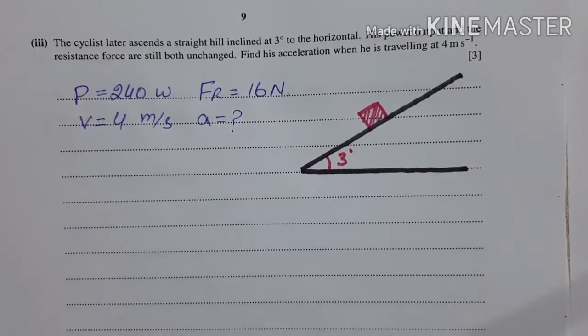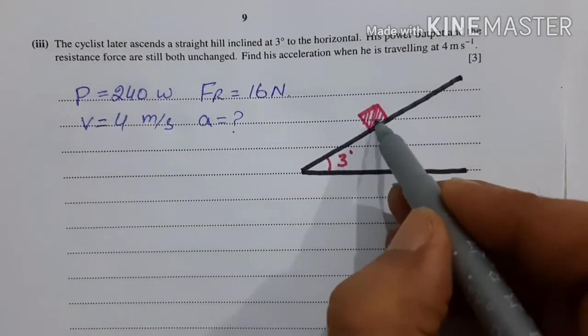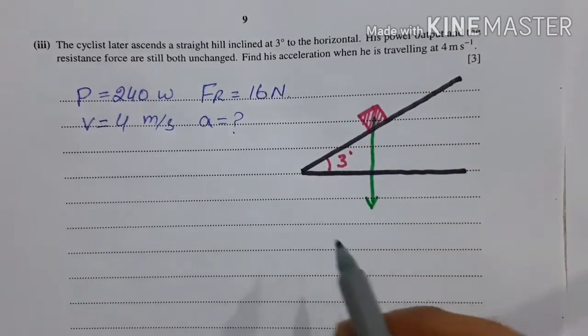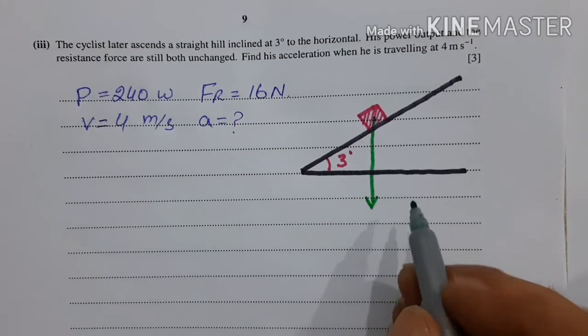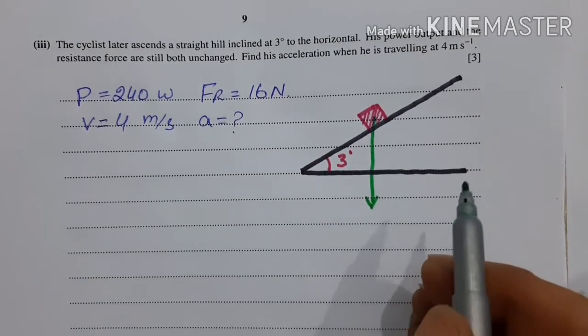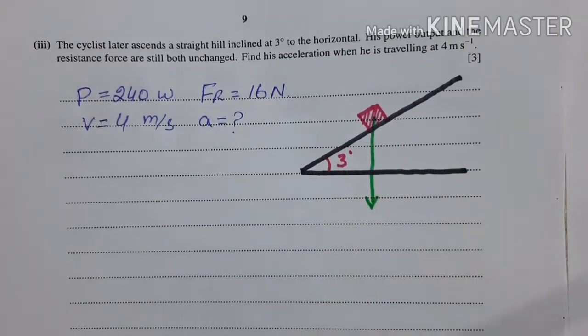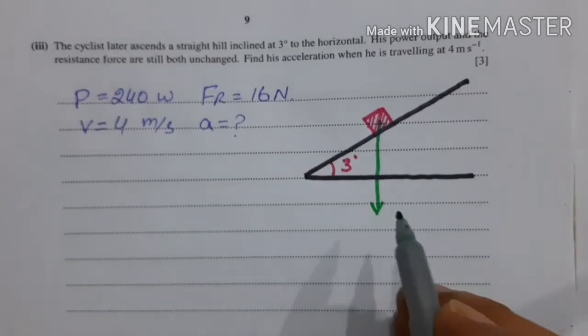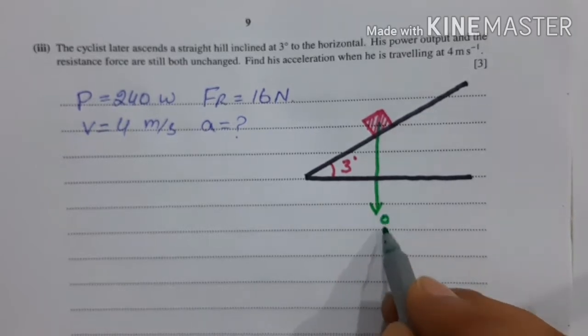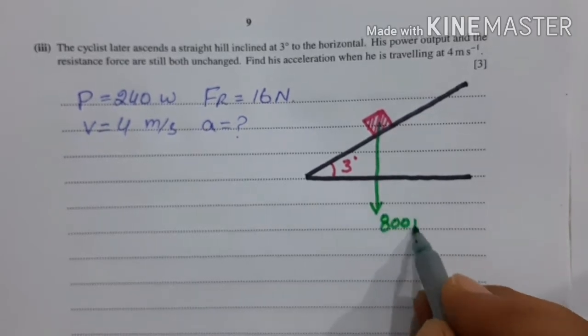For this vector diagram, the weight of the cyclist actually acts downwards. What is the weight of the cyclist? The mass is 80 kg, so the weight will be 800 newtons.